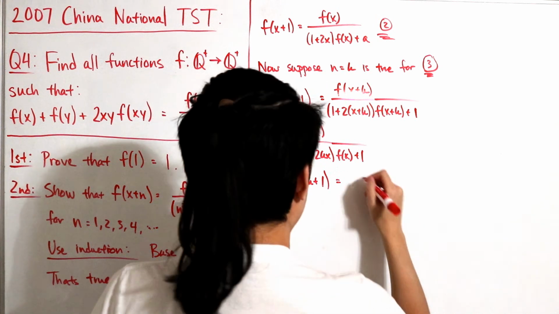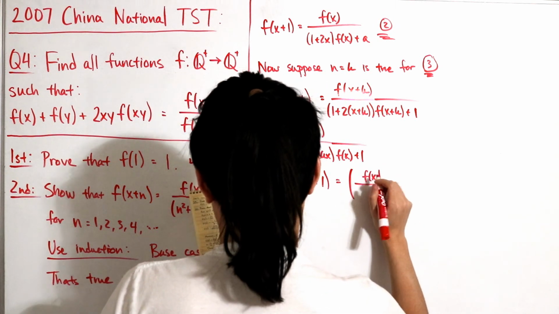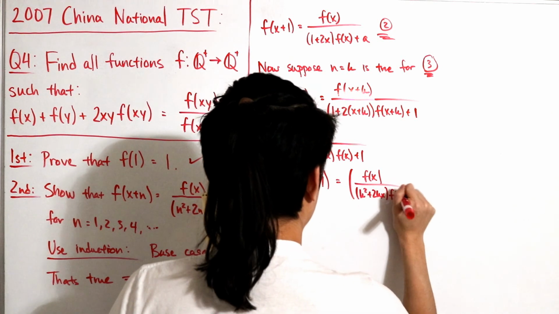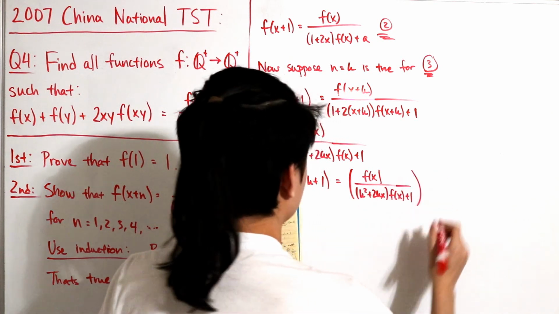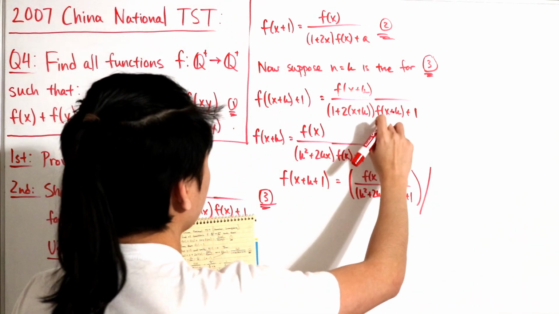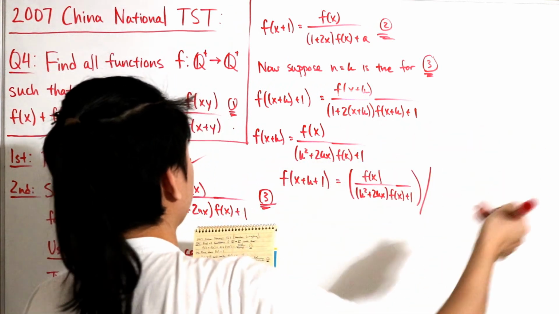So this way we have f of x divided by k squared plus 2kx times f of x plus 1. Then I'm going to put the division symbol. Now we replace the f of x plus k over here, but it's under division, so I can just flip the reciprocal.